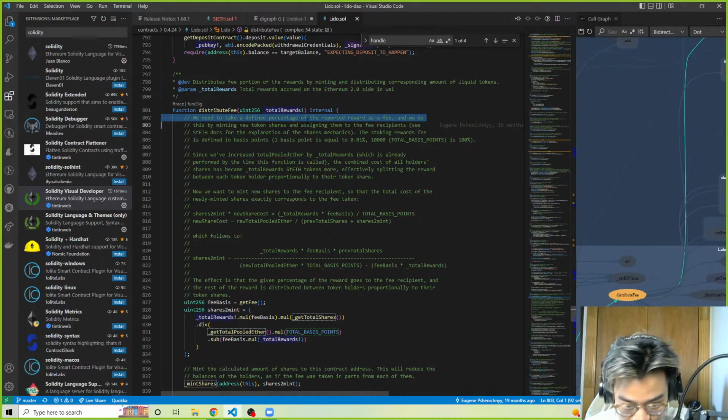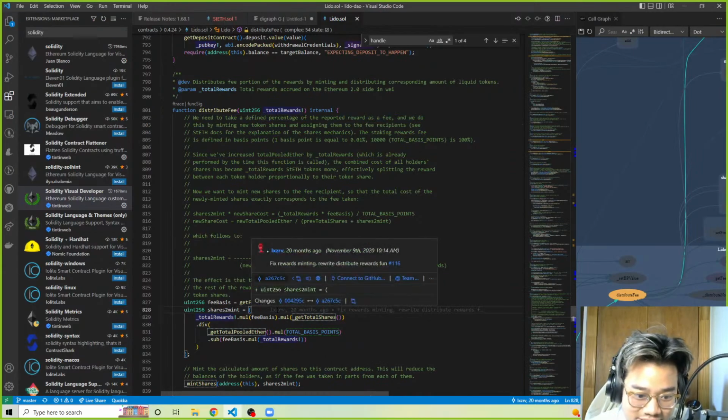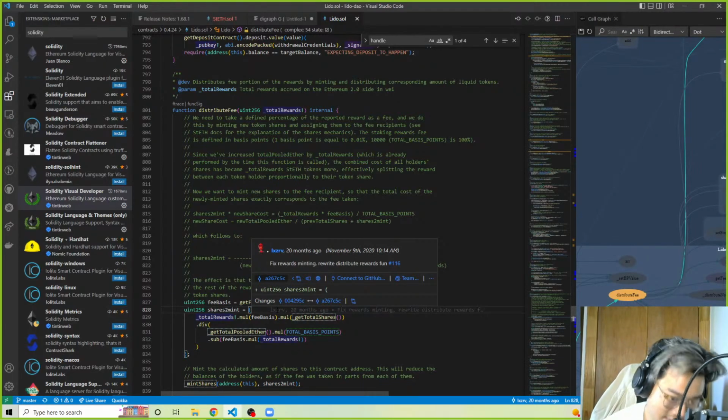For the rebase to work, they have to add the amount of ETH that's now in the pool after the rewards come out per day, and mint new shares to the operators, because that's what they're earning. You're not minting new shares to the holders. So if I have 500 shares, I'm not getting extra shares, but the total amount of ether in the pool goes up, so I am getting more value, if that makes sense.